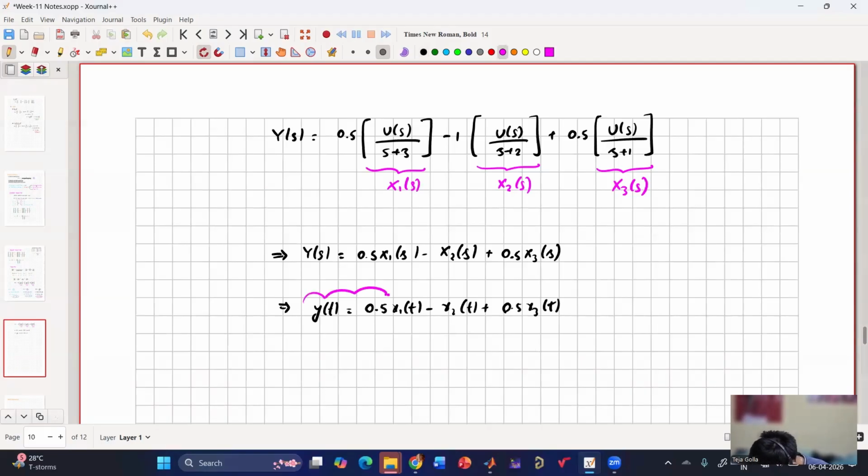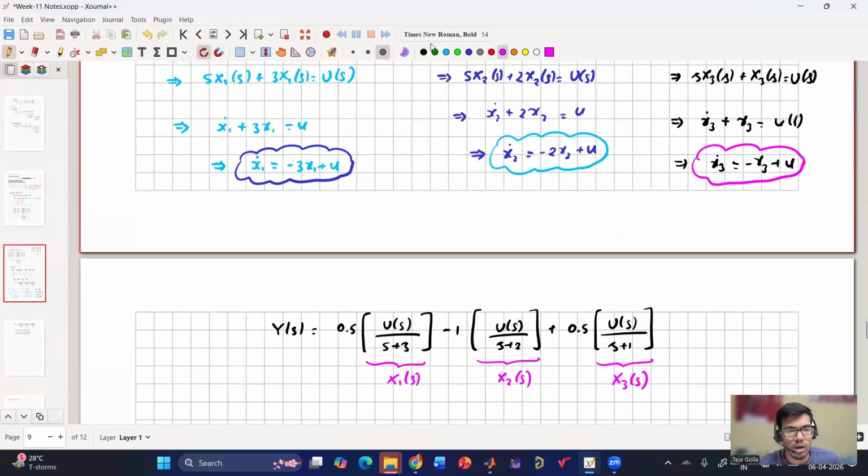Only thing we have to do is rewrite them in terms of matrix. So I will be taking all these three.